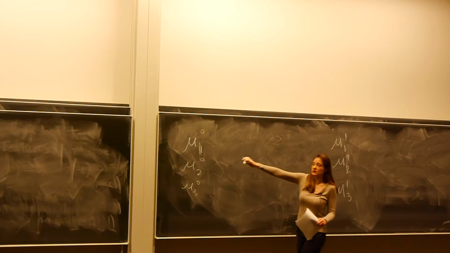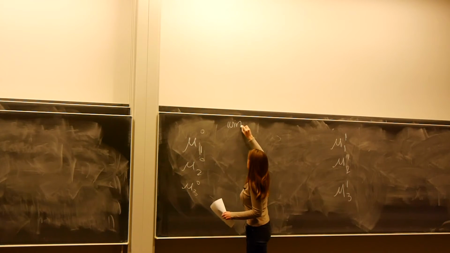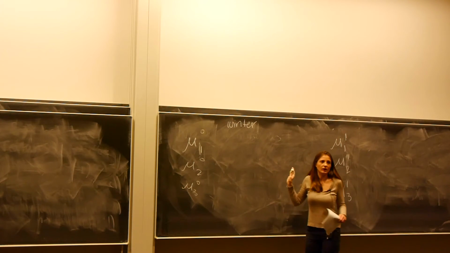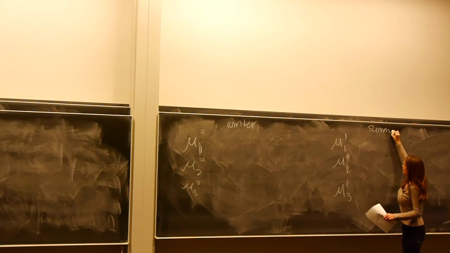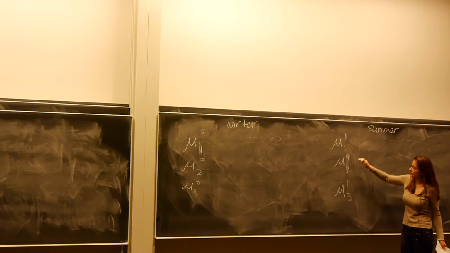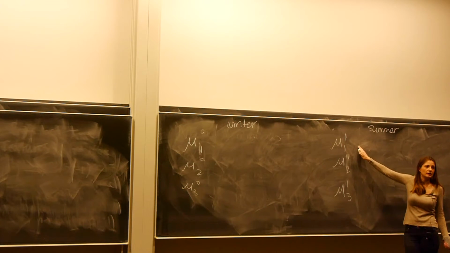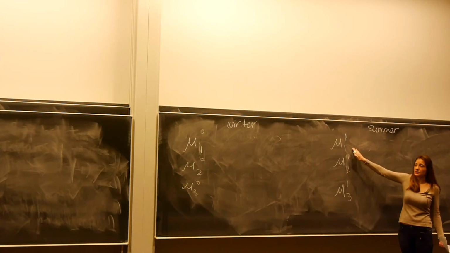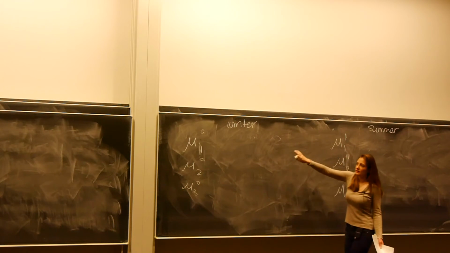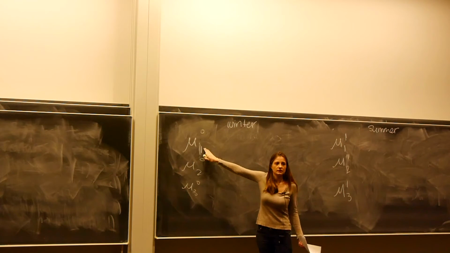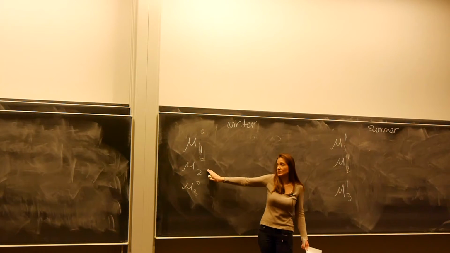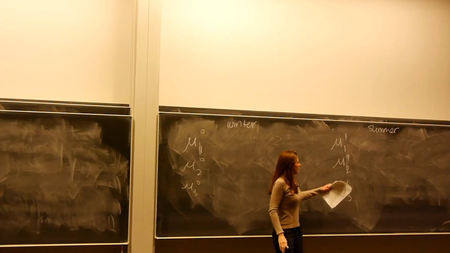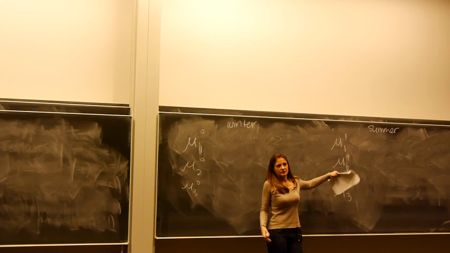Let's say 0 is winter and 1 is summer, and the first feature is temperature. So this is the average temperature on summer days, and this is the average temperature on winter days. Let's say feature 2 is wind speed. This is the average wind speed on winter days, and this is the average wind speed on summer days. That's it.